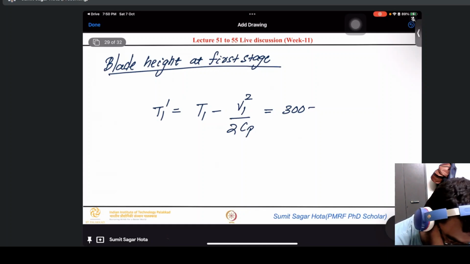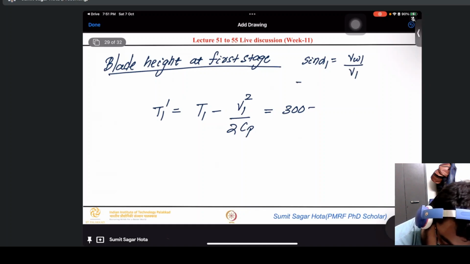From the velocity triangle you know one thing: sin alpha 1 is your what? VW1 divided by B1. Okay, so B1 is equal to VW1 divided by sin alpha 1.